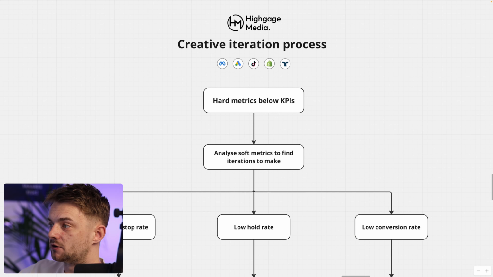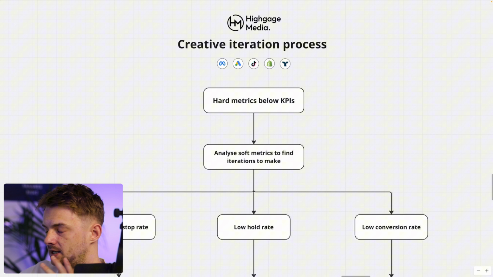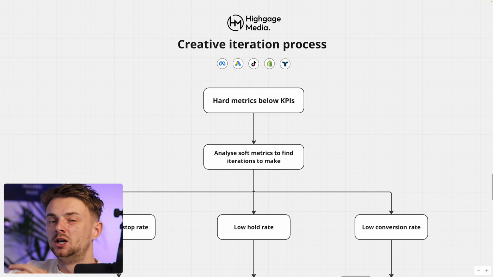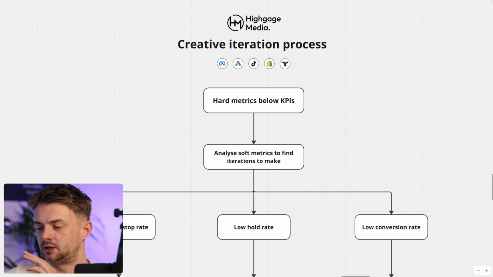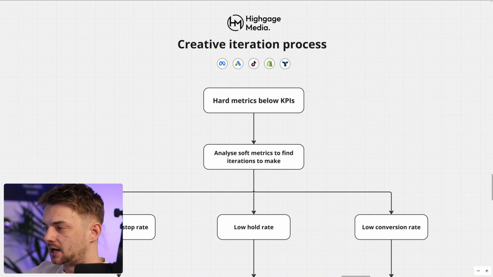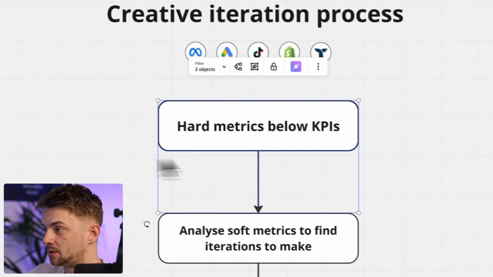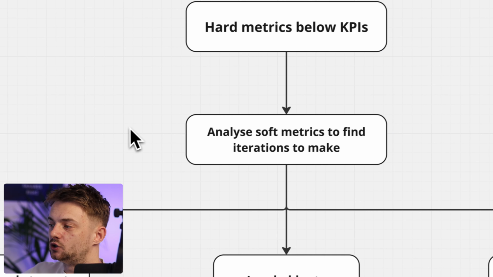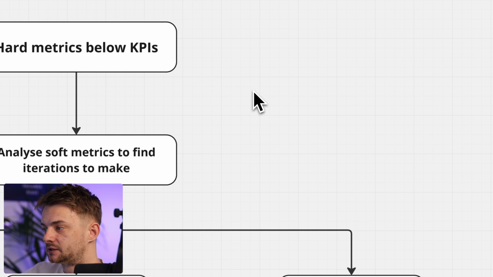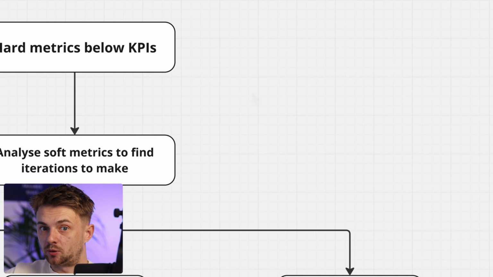So here is the creative iteration process. It is a beautiful thing. So first of all, what we want to do is make sure that the hard metrics, which are the conversion rate, the add to cart rate and things like that, are either above or below KPIs. Now, if they are below KPIs, then we want to analyze the soft metrics to find out where the problem is.